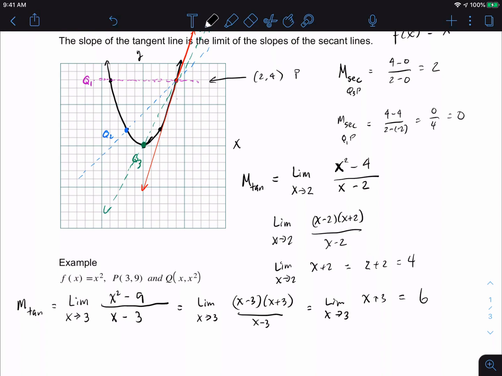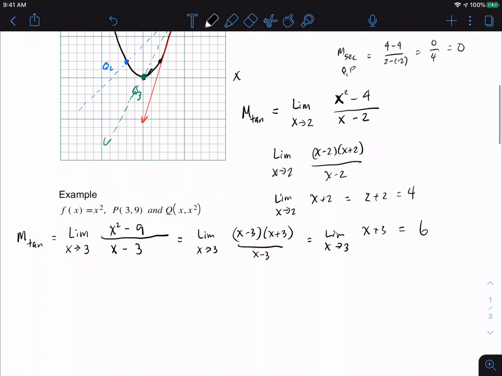Now, something cool that can happen is if I ask you for the tangent line for this problem, we can find that. So the tangent line of this guy ends up being, we know the slope now is 6, right? So we know the slope is 6.